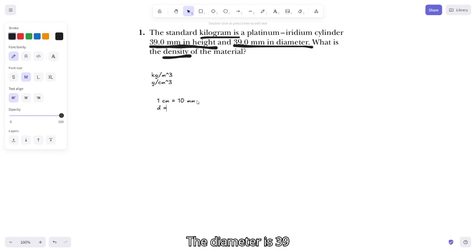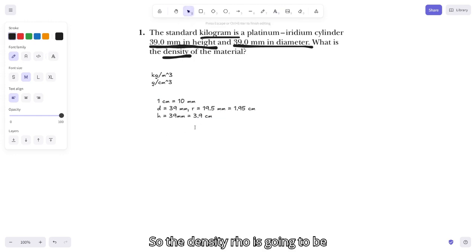The diameter is 39 millimeters, which makes the radius 19.5 millimeters, which divided by 10 makes it 1.95 centimeters. And the height being 39 millimeters as well gives us 3.9 centimeters.